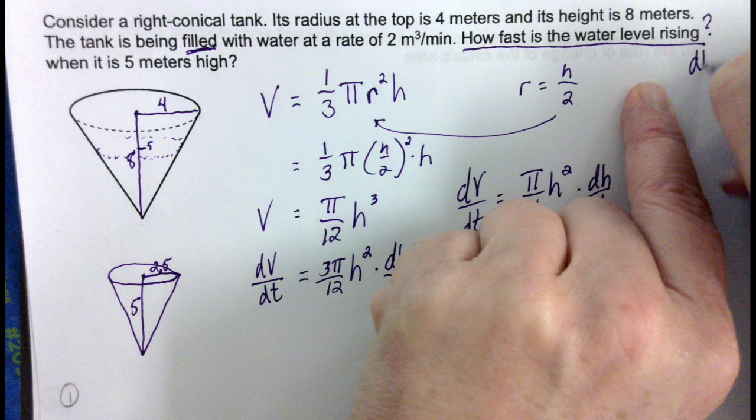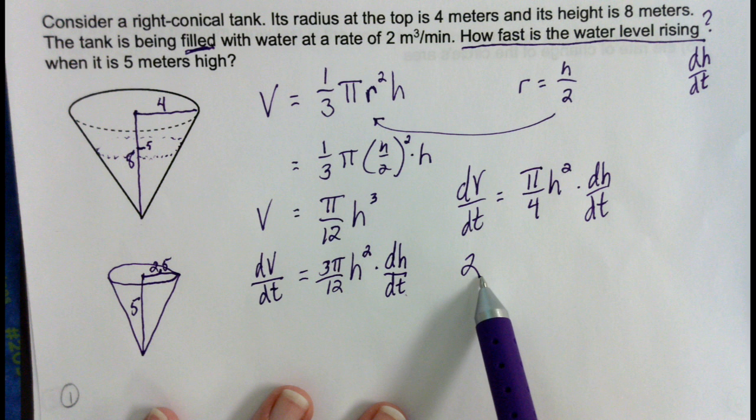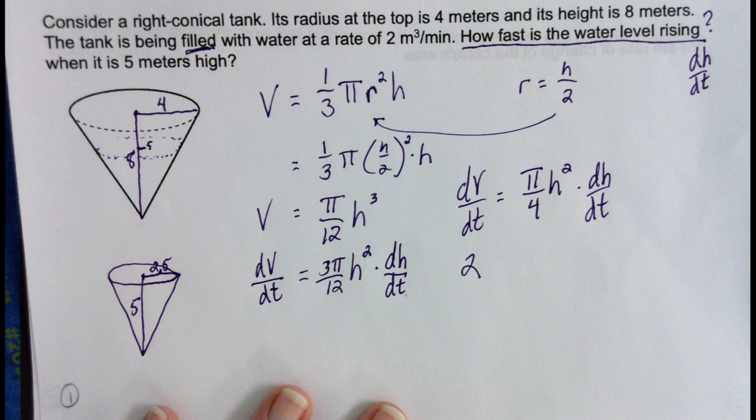5 squared. 5 meters squared, times dH over dt. We don't know that. That is what we're trying to find. If you wanted to write units, it would be dH in meters and then dt.